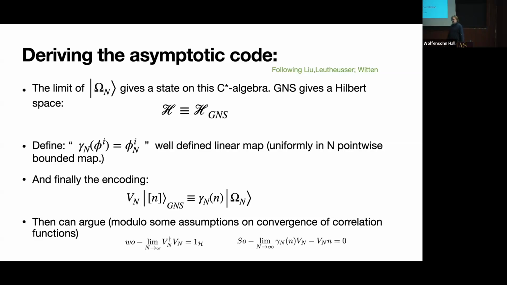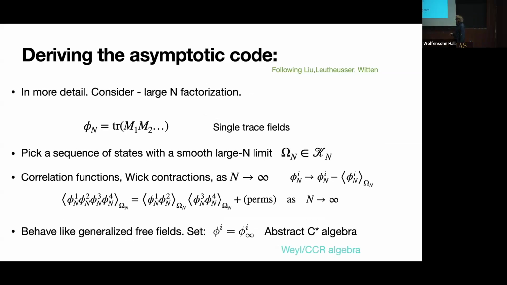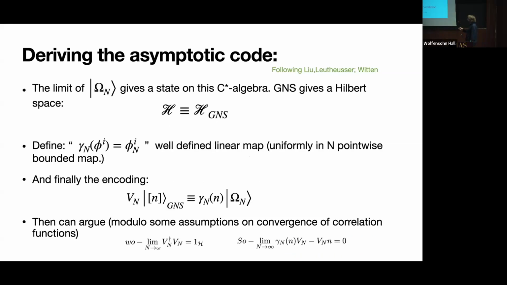We also have reconstruction maps, very simple reconstruction maps. These are defined as follows. Just basically take the single trace fields, the representatives of the single trace fields at infinite n, these labels, and write down what is the finite n version of that, right? So that's really what we mean by the single trace operator. We have a representative of that operator in each of the n theories. And so that map is just doing that.